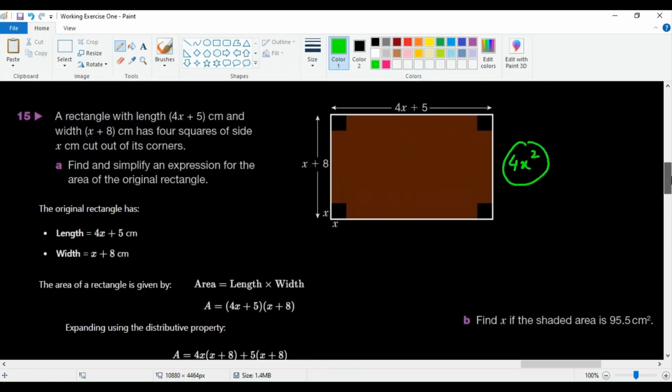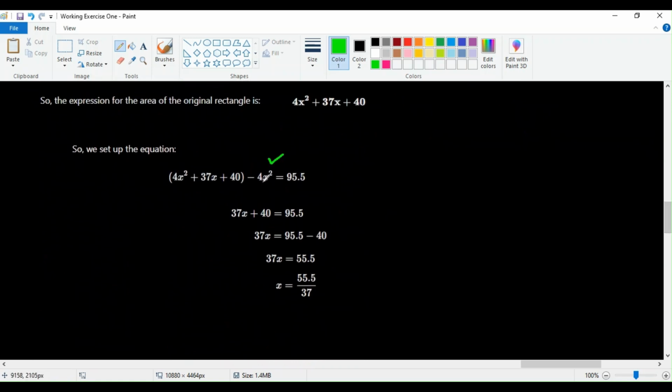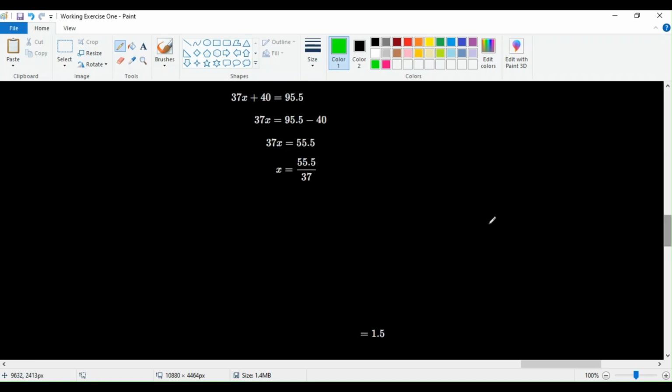See, 4x squared has to be subtracted. This is why we subtract 4x squared, which is equal to 95.5. Once we simplify all this, you get to know that x is equal to 55.5 divided by 37. So the final answer for this question is going to be 1.5. All the calculations are here for your reference.